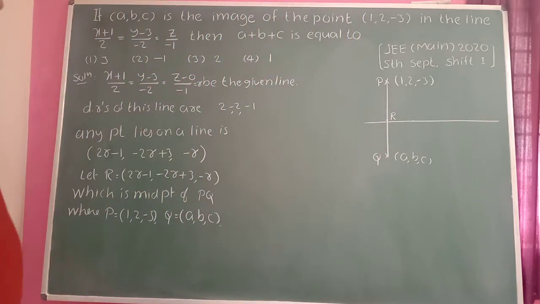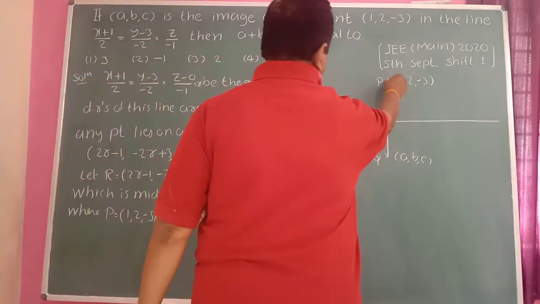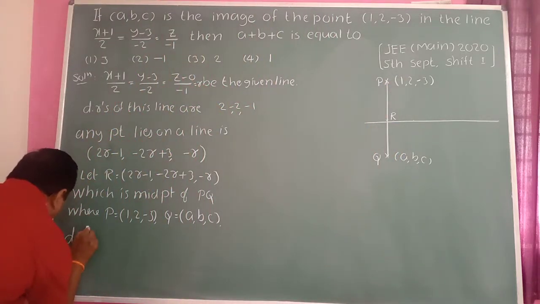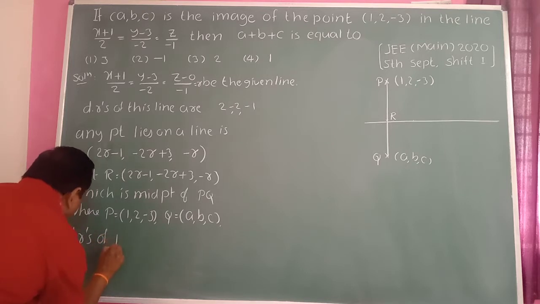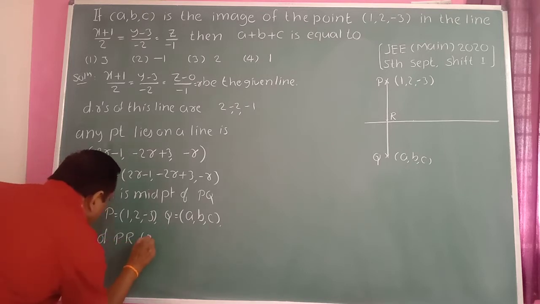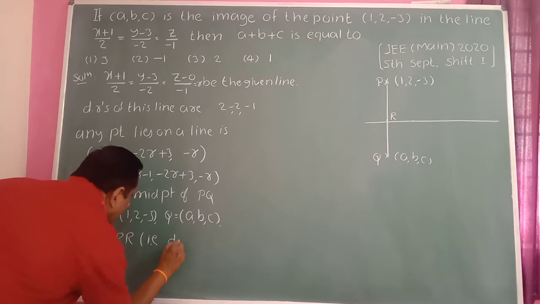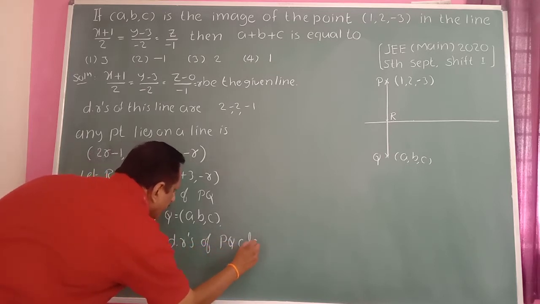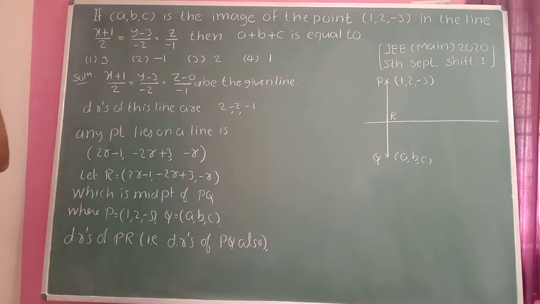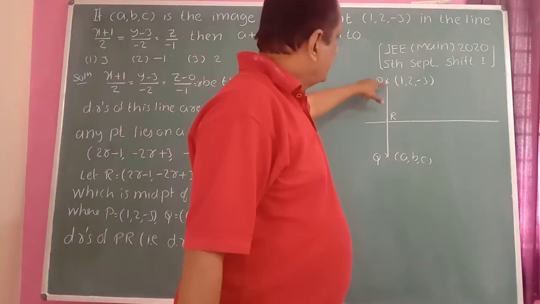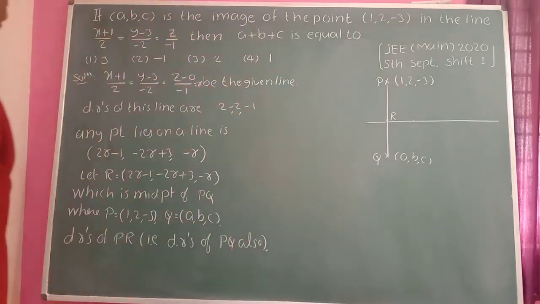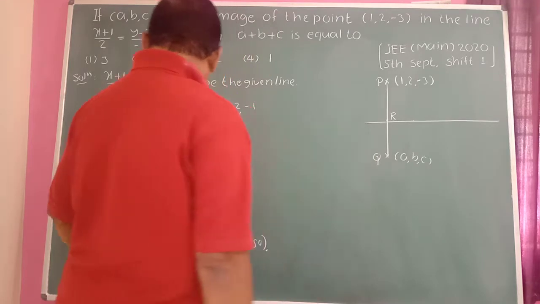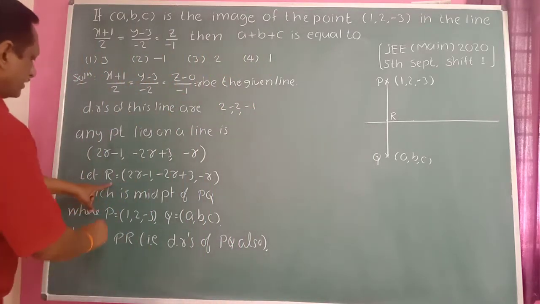Then first find the direction ratios of PR. The direction ratio of PR is the same as the direction ratio of PQ. We know the coordinates of P are (1, 2, minus 3), and the coordinates of R are as above.